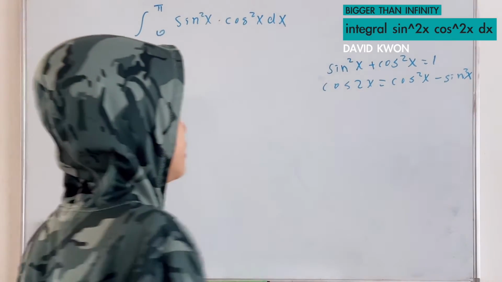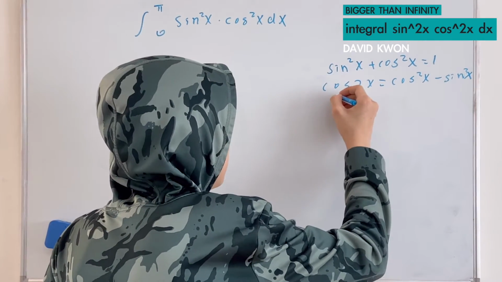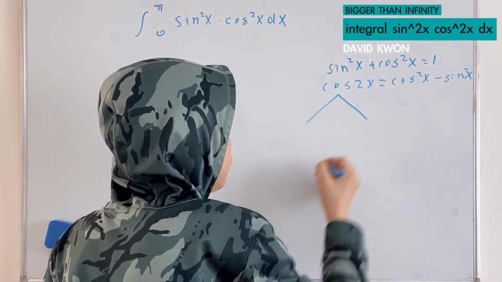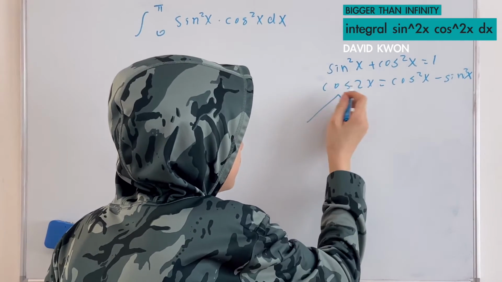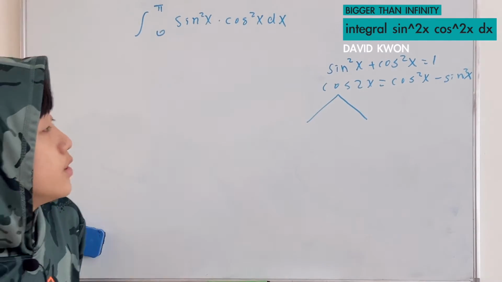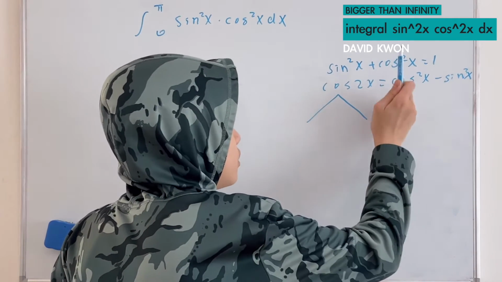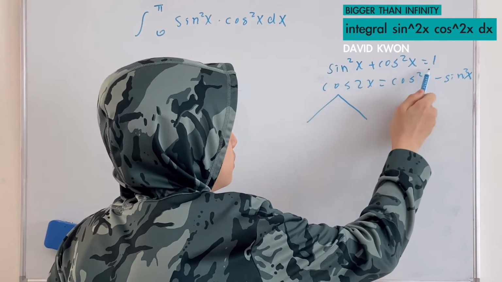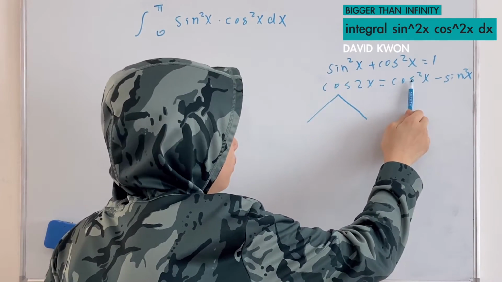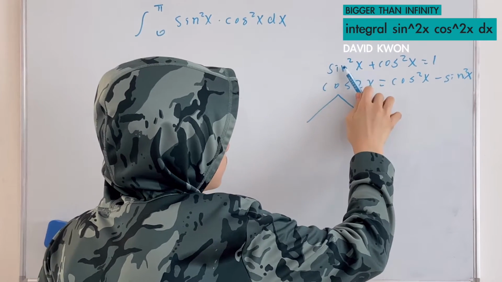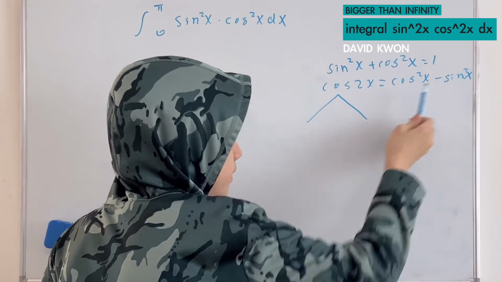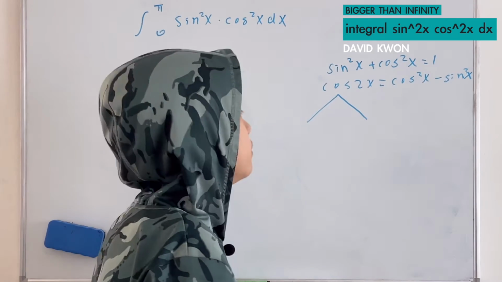So then there are a total of two more forms that cosine 2x could have: one is having the cosine squared alone from this formula and then substituting in there, and another way is only having sine squared x on one side and then substituting in there. So we are going to do that.